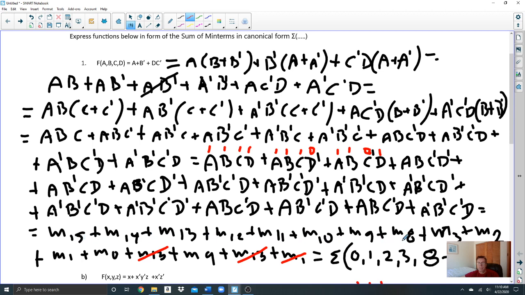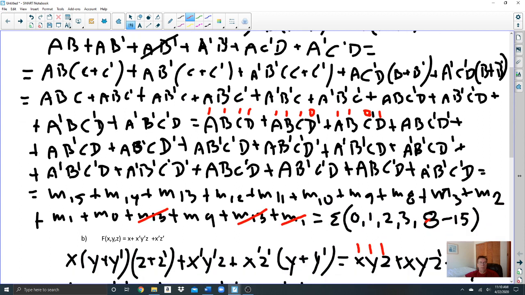That means minterms 4, 5, 6, and 7 are not present in this function. But minterm 8 all the way to minterm 15 is present. So instead of listing it from 8 to 15, I'm just going to use a shortcut and say 8 to 15. So this function can be expressed in canonical form as a sum of minterms 0, 1, 2, 3, and 8 all the way to 15.